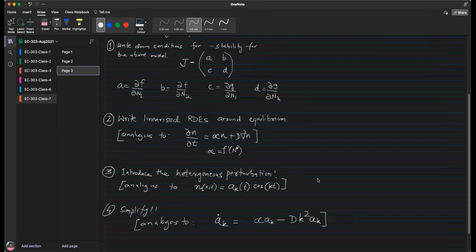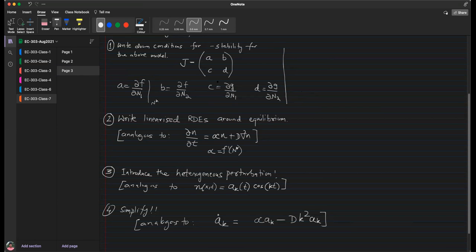Okay, so what did I do for the first part? It's this. The first clarification I must tell you is all these derivatives were computed at n star, which is the equilibrium.